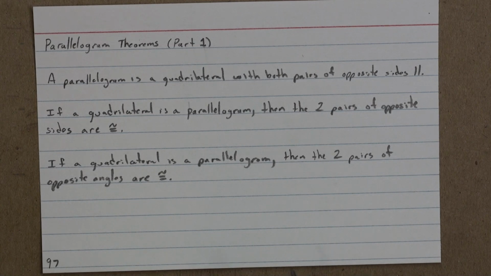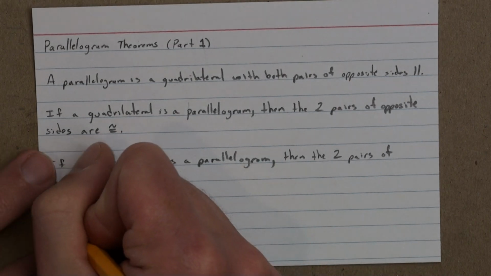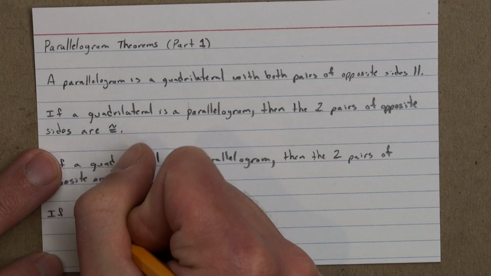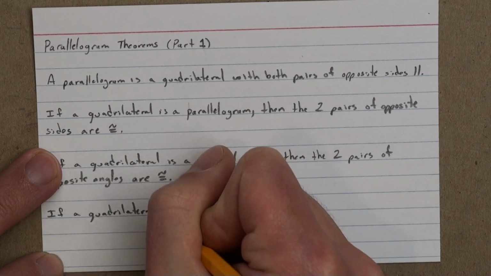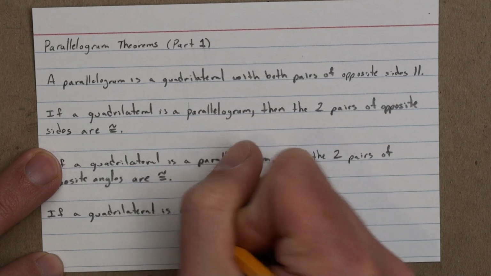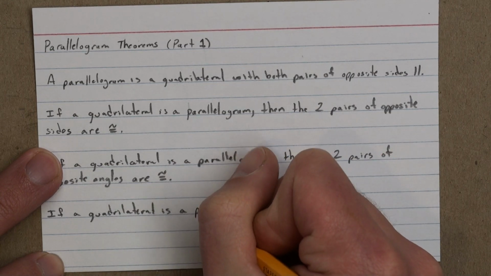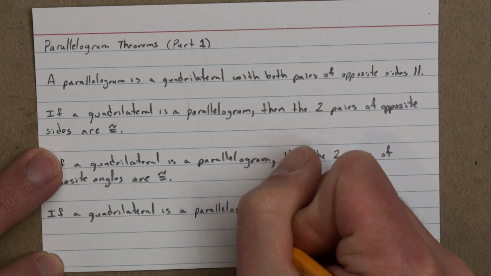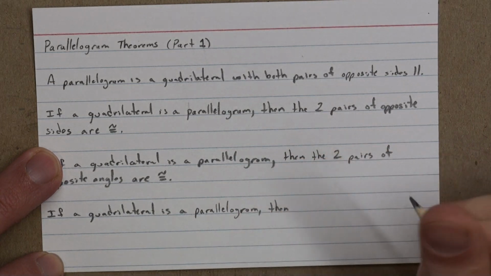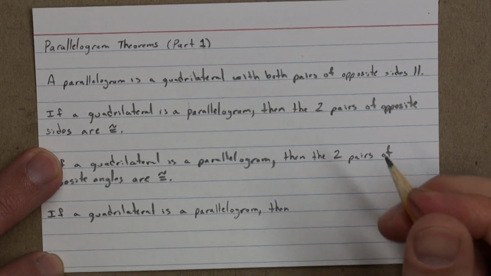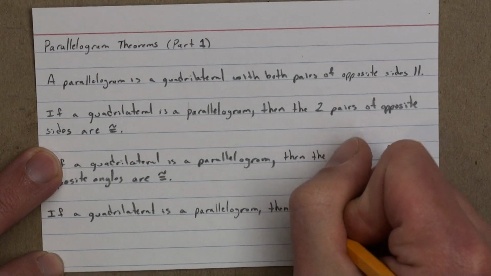Then we have if a quadrilateral is a parallelogram, then the consecutive angles are supplementary.